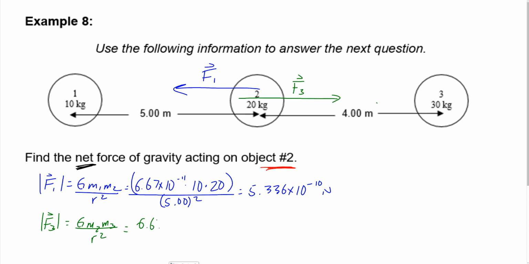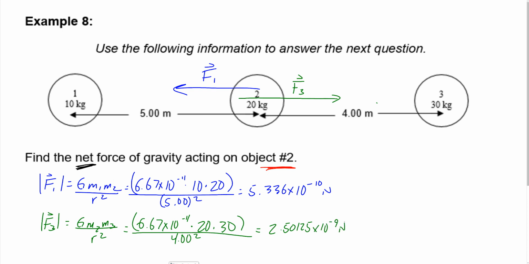That's going to be 6.67 times 10 to the minus 11 times 20 kilograms times 30 kilograms, divided by, and the distance here that separates these 2 objects is 4 squared. We do the math on our calculator there. Make sure you can get this answer, 2.50125 times 10 to the minus 9 newtons.